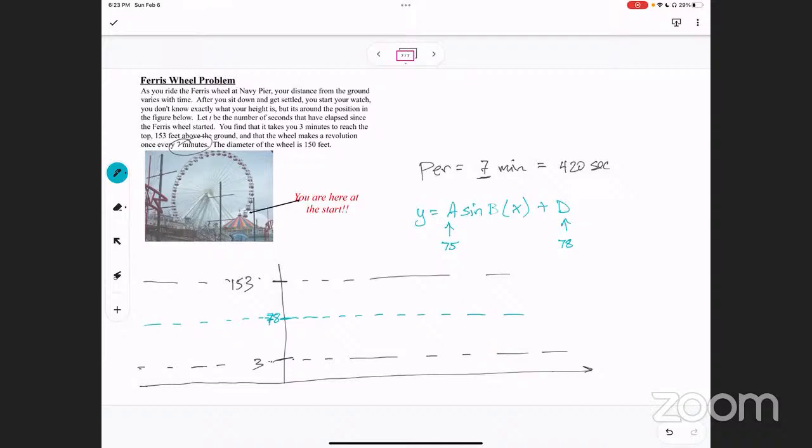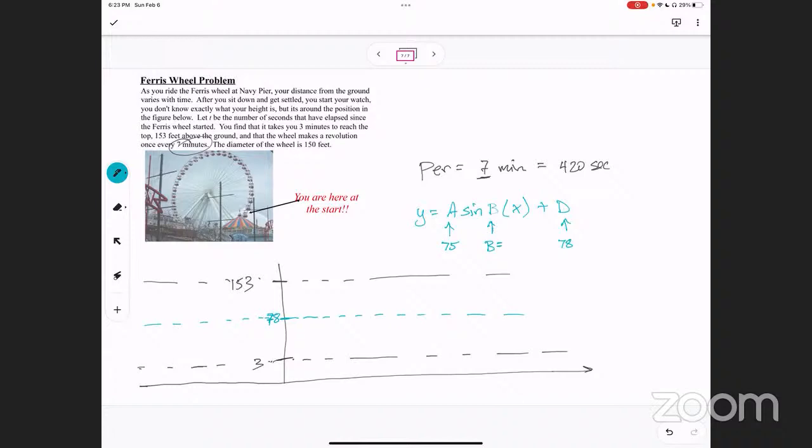Sorry, I don't think I understand the question. What's the only thing we have left to find? We have A, we have D. What's the only other thing we have to find now? B. And how do I find B? B equals what? We've talked about it before.